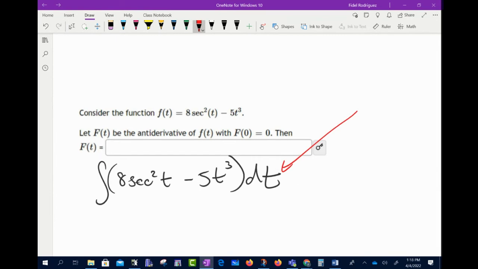Guys, when you're doing these integral problems, I always want to mention that they always have this dt part here. That just lets me know what I'm integrating with respect to. A lot of times people say, well, look, it already has the t. Doesn't it just make sense that it would be the t? It does. Y'all, we're not going to do it in this class. I don't think you do it in Cal 2, maybe you do. But when you get to Cal 3, you have multiple integrals.